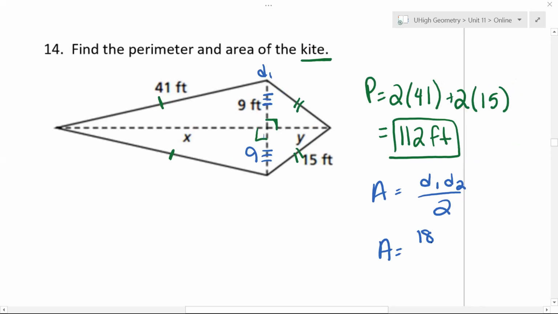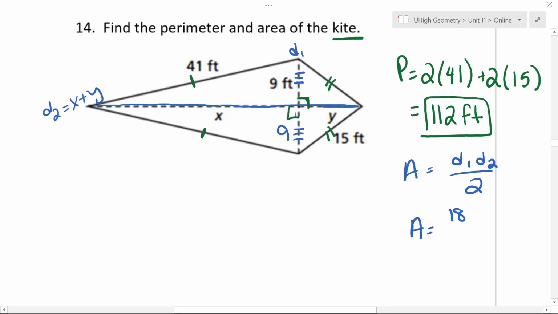And diagonal 2 here is going to be my x plus y. So I'm looking at that long diagonal. That's going to be diagonal 2 and is x plus y. So now I have to figure out what x and y are.